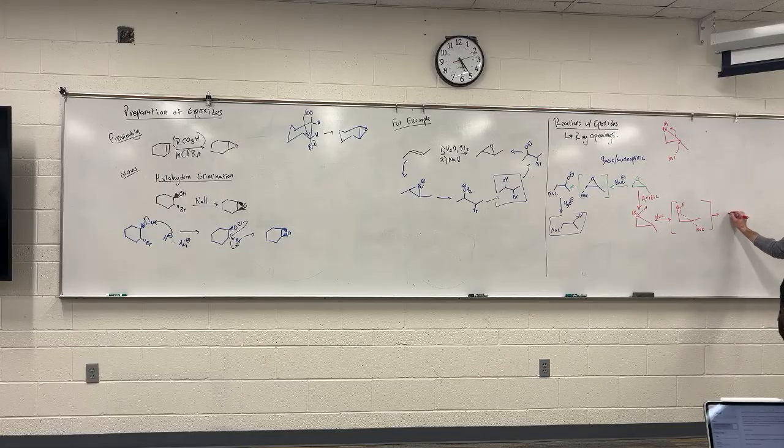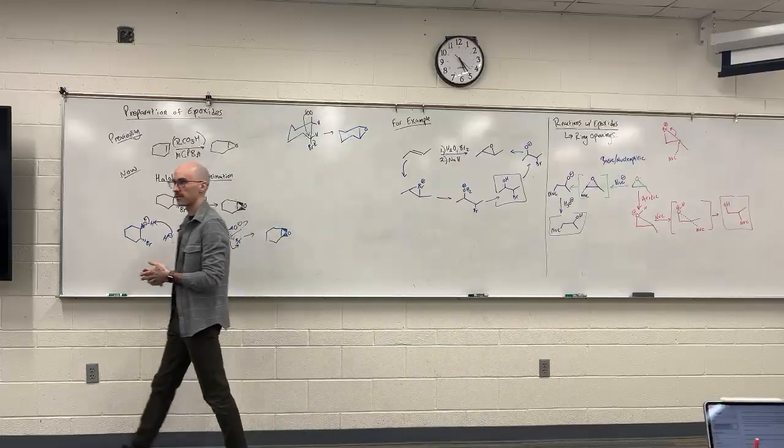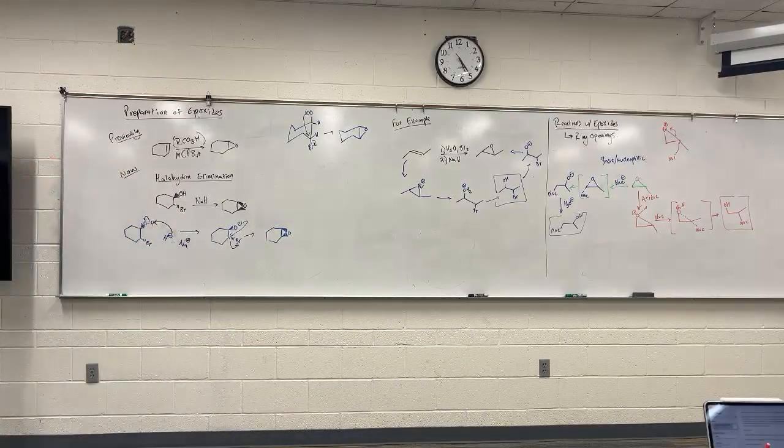And the product that we get after this, the nucleophile has added to the more substituted position, and the alcohol forms on the least substituted position. Structural isomers. I can control the regiochemistry of my ring opening by controlling acidic or basic conditions. How nice is that? So nice.